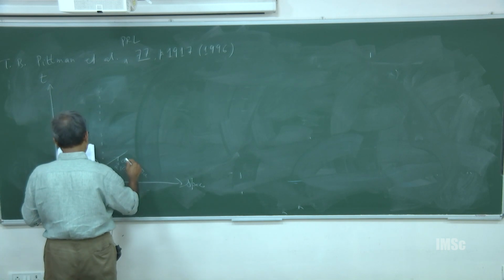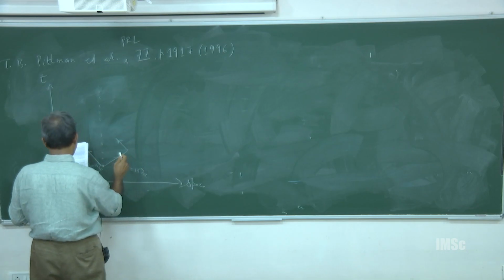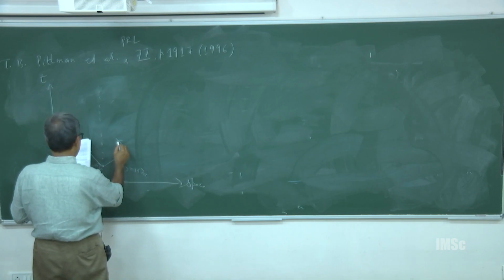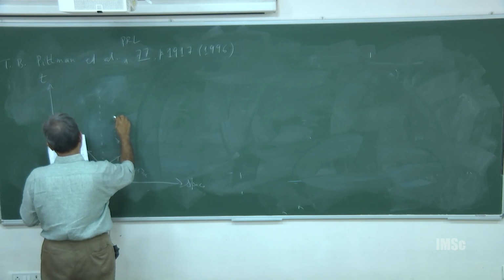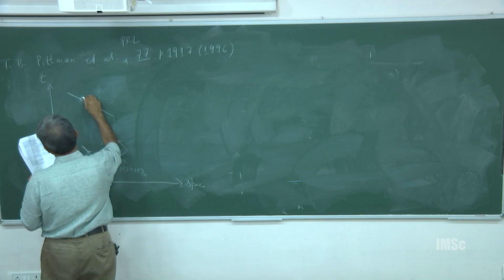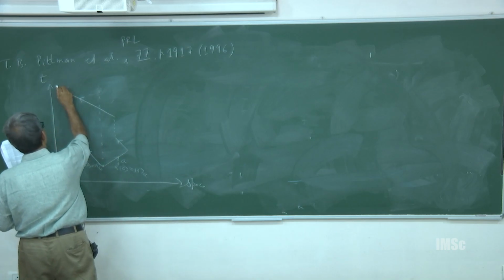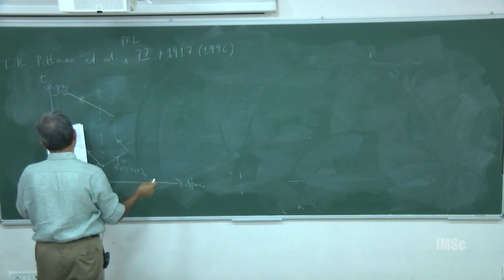So, what happens is it goes by this direction, and then there is some time delay, and then it goes by this direction, and this is your D2 detector. This detector is D2. Okay.